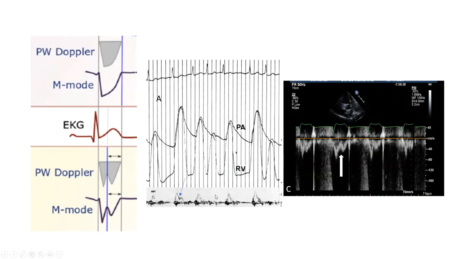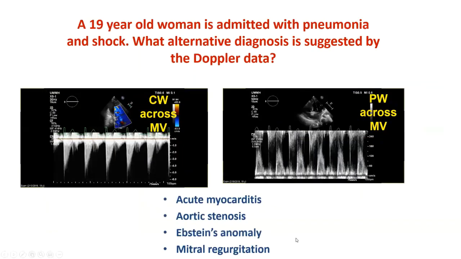That's the current thinking, but it's important to keep in mind, as can be seen in this diagram, that even within the same patient, cycle length differences can make a difference in whether the notch appears or doesn't appear. And I would also point out to you, this is not something that you should expect to see on continuous wave flow across the pulmonary valve. This is a spectral Doppler diagnosis.